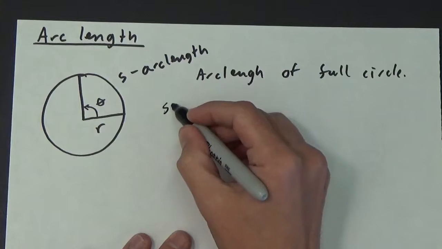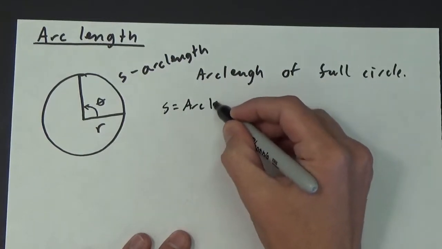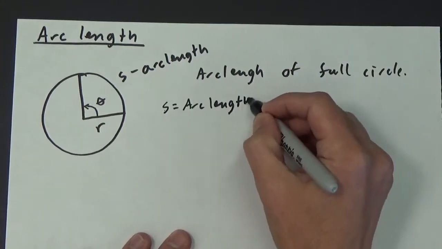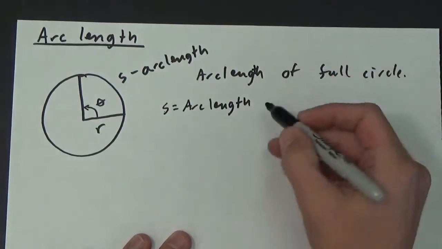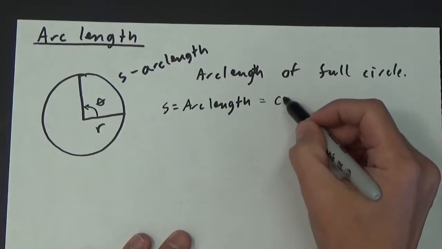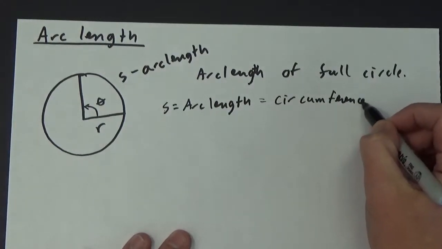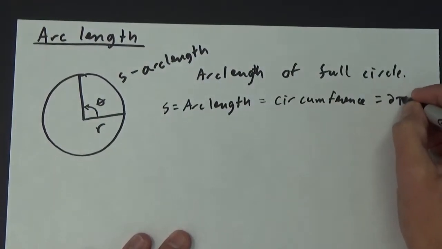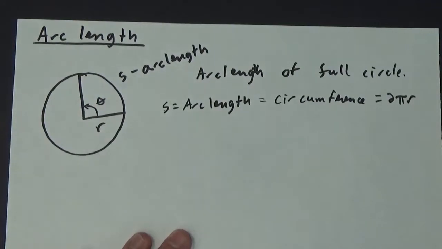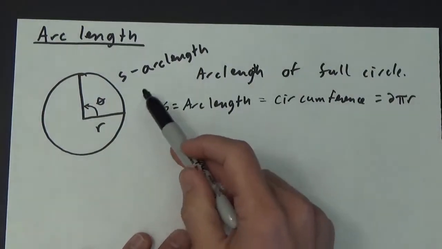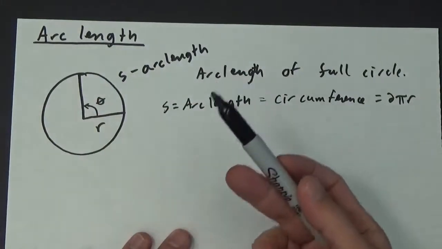So in this case, S, which is our arc length, is equal to the circumference, which is 2 pi r. So the arc length of a full circle is 2 pi r.